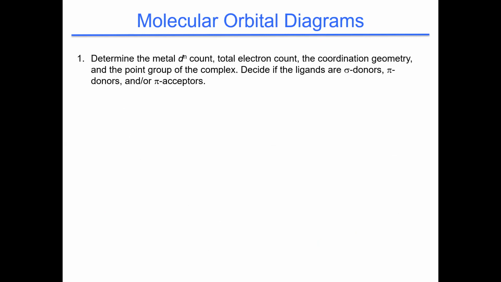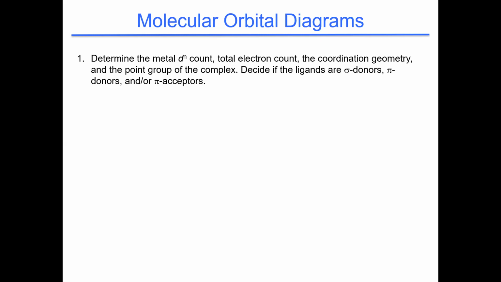So next, let's discuss how to construct a molecular orbital diagram. Like we discussed previously, first you want to determine the d count for the metal, what the total electron count is for the complex, the coordination geometry, and the point group of this complex.